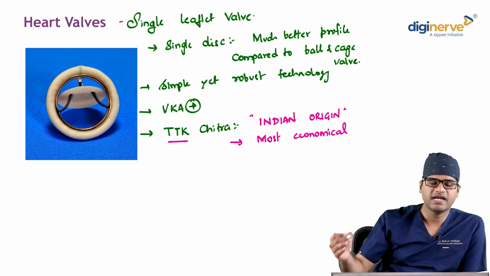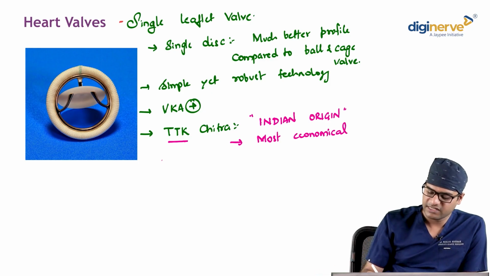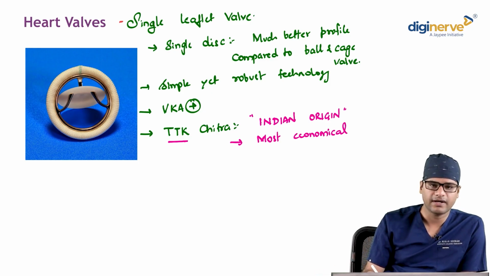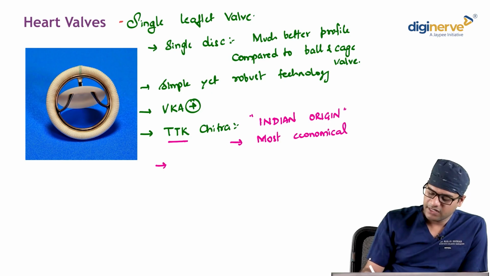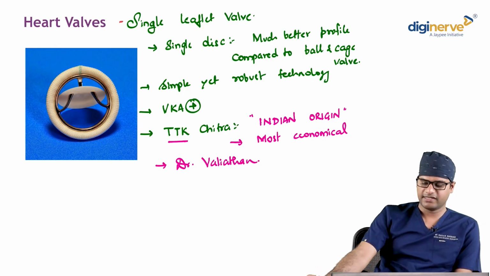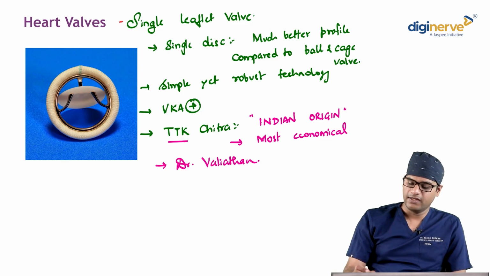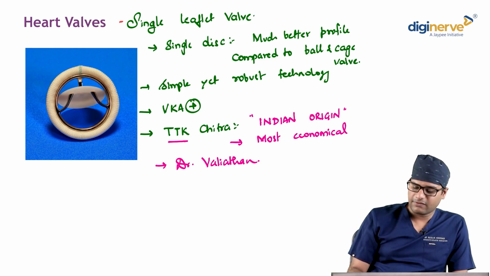It has gone through generations of modifications and has arrived at this stage, which has been giving great results so far. Introduced by Dr. Valiathan, a phenomenal cardiac surgeon as well as a biomedical engineer, to have developed such a valve. So this was the single leaflet valve.